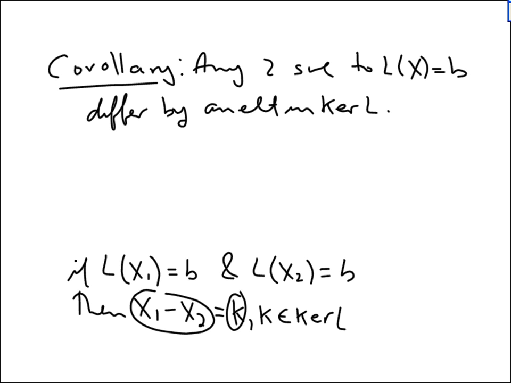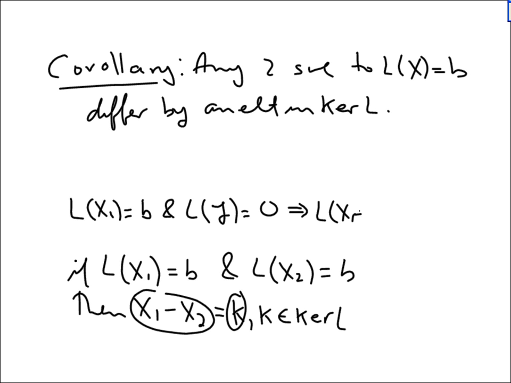Okay. Now, consider this. Consider L of x1 equals b, and L of y is equal to 0. Well then, L of x1 plus y is equal to L of x1 plus L of y.